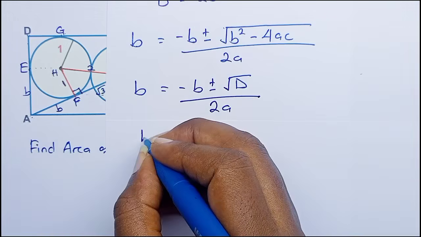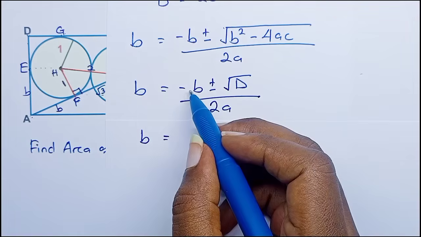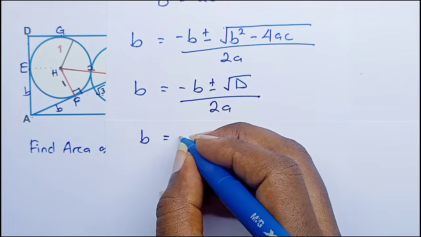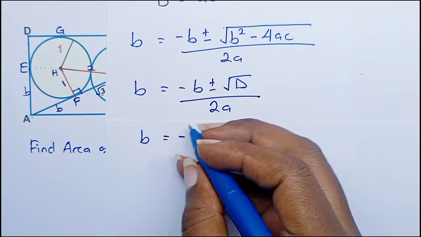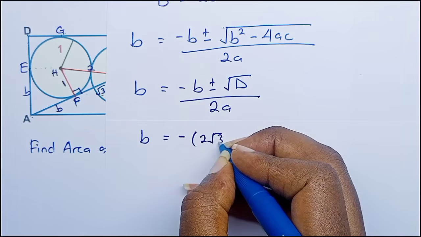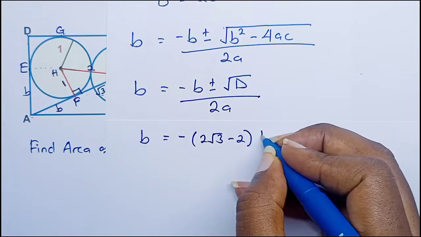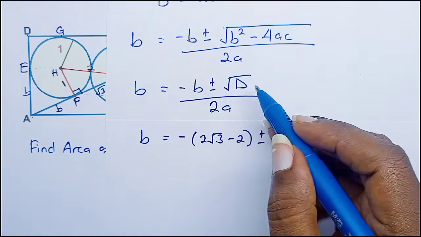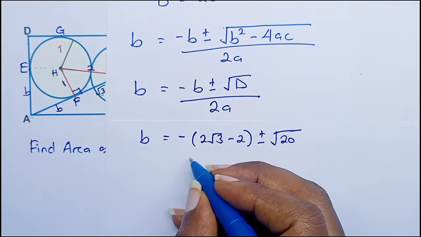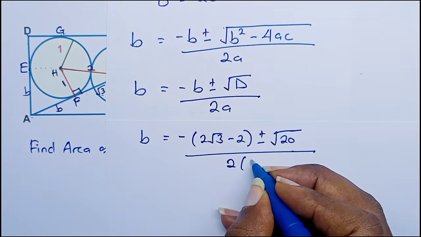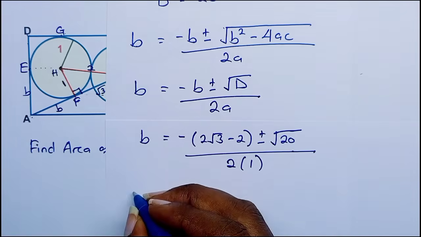So B is equal to minus, our value of B is 2 root 3 minus 2. Then plus or minus, we've got our D as 20, so root 20 over 2 times 1.